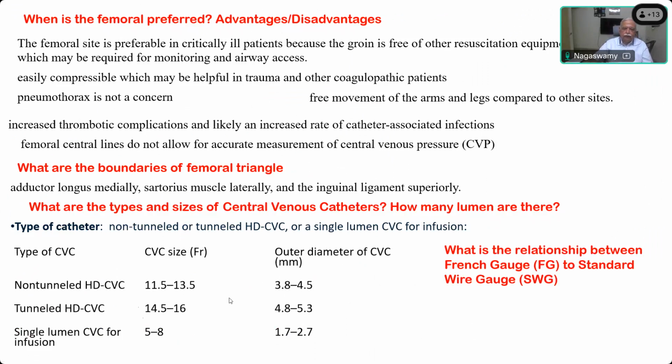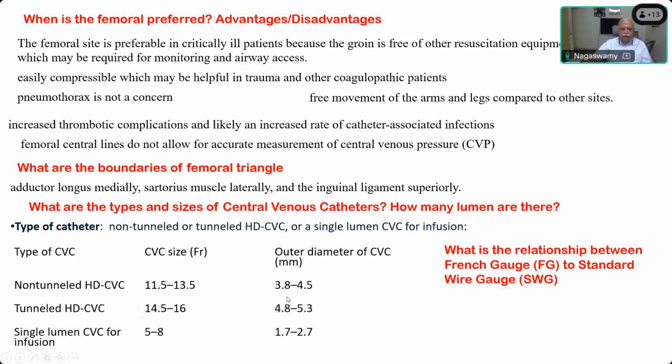The values given here in French and millimeter, if you compare them, you can get the answer. French is 3 times the millimeters. French gauge divided by 3 will be the outer diameter in millimeter. Roughly take, instead of 11.5, imagine this is 12 and you are going to divide it by 3.